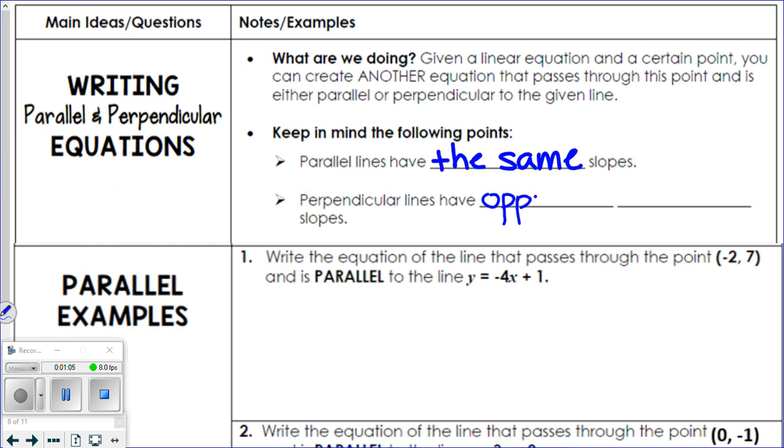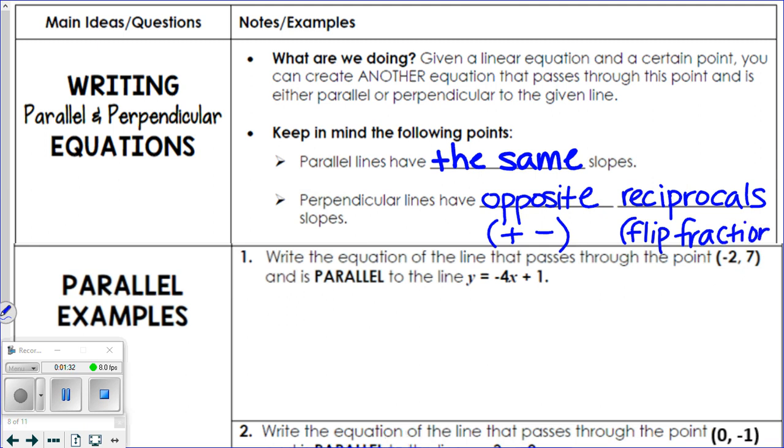This is our first rule, which means one is a positive slope, the other one has to be a negative slope so that they intersect. They're going opposite directions. One's going up, one's going down. And reciprocals means that we have to flip our fraction. So whatever's in the numerator goes to the denominator, whatever's in the denominator goes to the numerator.